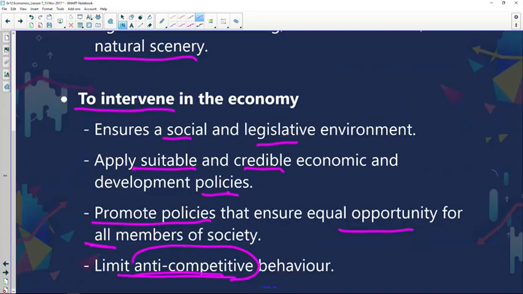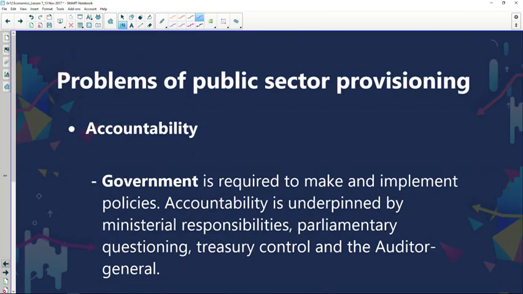So anti-competitive behavior needs to be monitored by the public sector, and it is important that they do so because this has a huge impact on the households and consumers as well, if not managed properly.